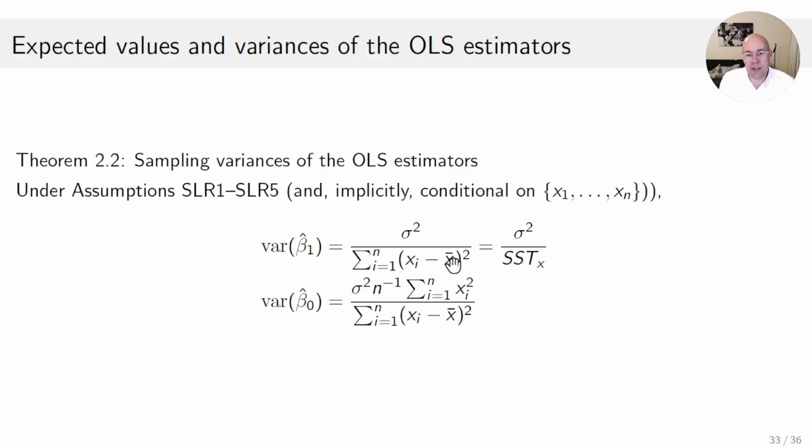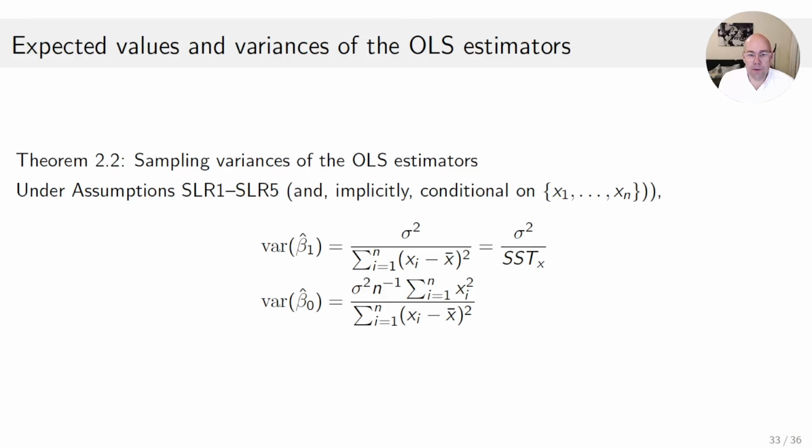So this sum only has positive elements. When n increases, the denominator is going to grow, and this makes perfect sense. If I have many observations, then in the limit I'm going to be able to learn very well what my value of beta 1 is from my sample.